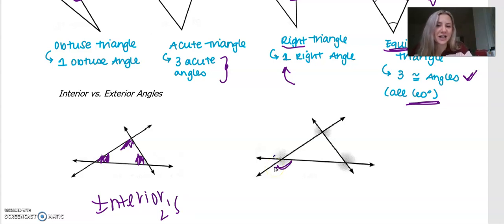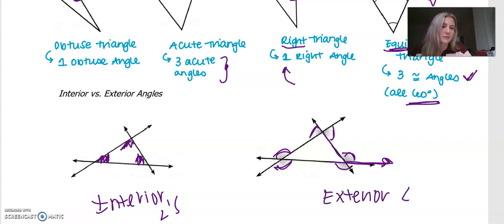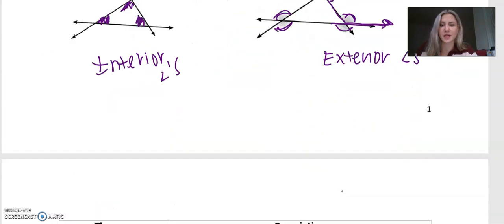And exterior angles, they're on the outside of the triangle, formed by taking the sides of a triangle and extending them. So it's formed by a side of the triangle and then an extension of the other side. Here are exterior angles. Just to be familiar with where to look: interior on the inside, exterior on the outside.